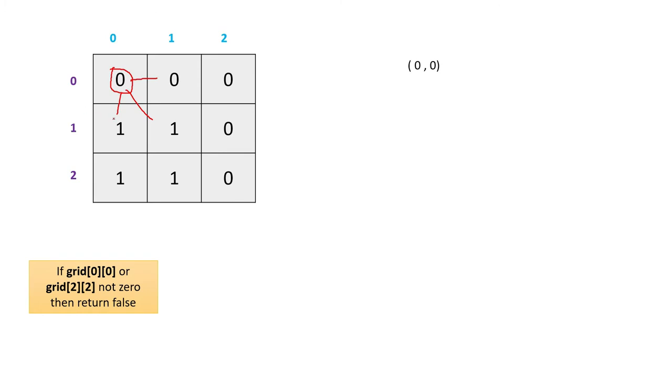Now among these three, we can only go to 0, 1, because that is the only 0, the other two are 1. So we can go from 0, 0 to 0, 1. Now from 0, 1 where can we go? I can go here or here. So 0, 2 we can go, or 1, 2 we can go.